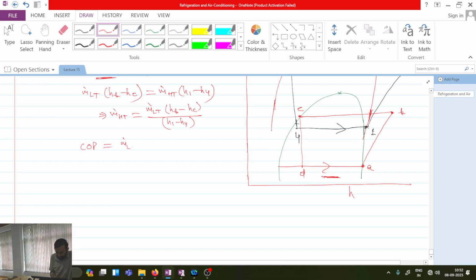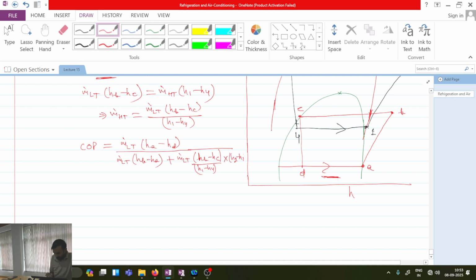Refrigeration effect, which is m dot LT into HA minus HD, divided by work done, which is m dot LT into HB minus HA plus m dot HT into H2 minus H1, where m dot HT can be written as m dot LT into HB minus HC divided by H1 minus H4.